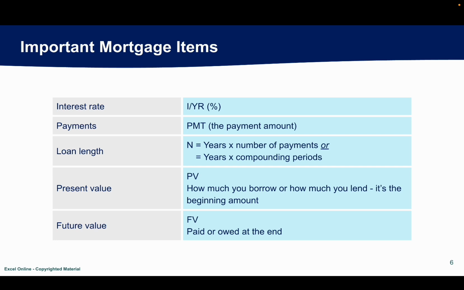The present value. This is PV. And it is how much all the future payments are currently worth. Normally the amount borrowed at the beginning of the mortgage. And then the future value, FV. And it is the amount paid/owed or the amount to collect at the end.